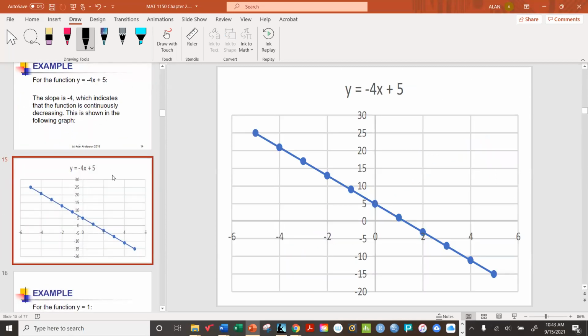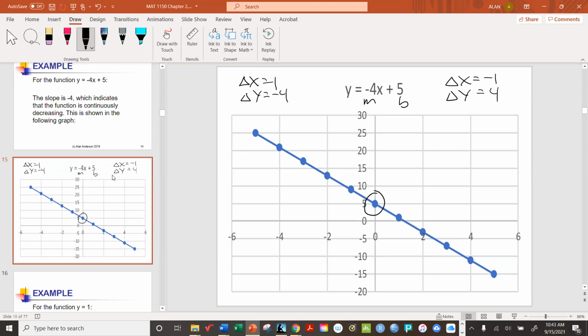Now let's look at -4x plus 5. Same thing. Here's the intercept. Here's the slope. Slope is -4. So now x and y go in opposite directions. So if x is 1, y would be -4. If x is -1, y is +4. And that's how you can tell, because it's going down to the right.